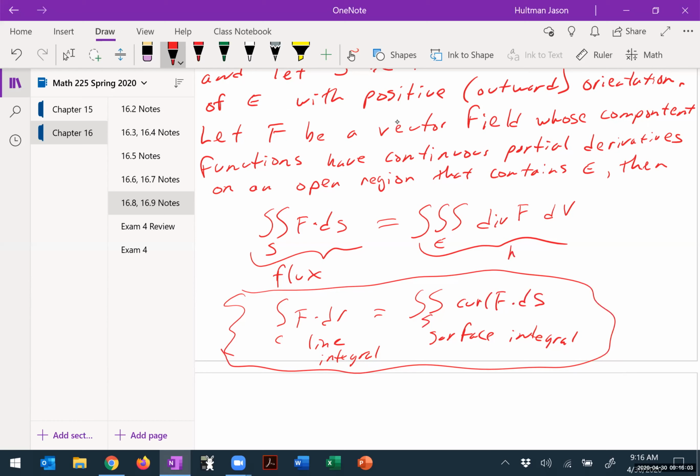This is called a hypervolume, a volume in 4 dimensions, which is hard to visualize because we don't live in 4 dimensions. We're changing the flux into the hypervolume.